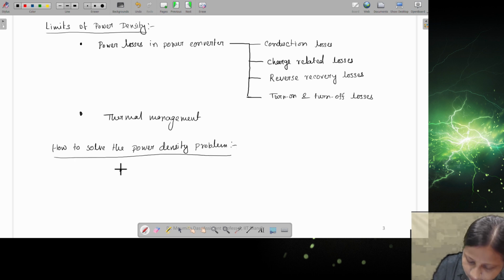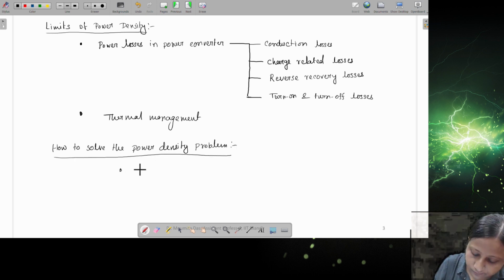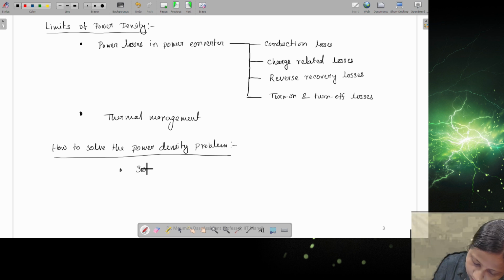As you know, like switching loss we can probably reduce. Reduction.